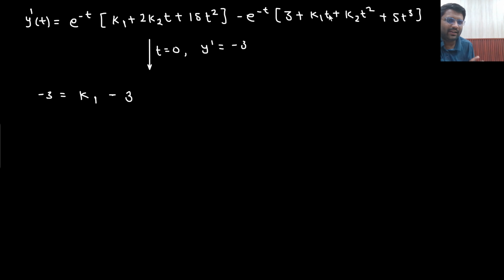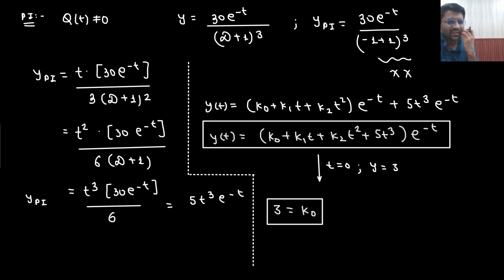So k1 minus 3 equals minus 3. What is the value of k1 you are getting? The value of k1 we have got is 0.